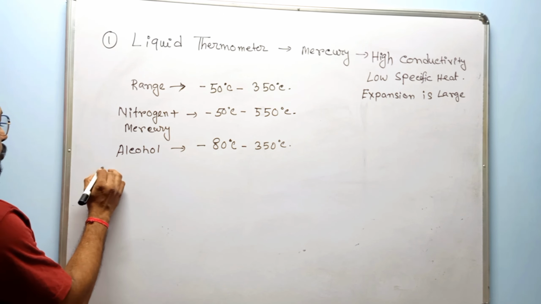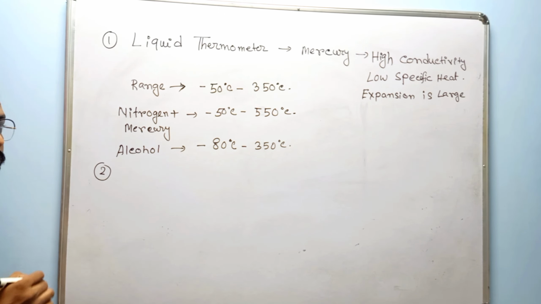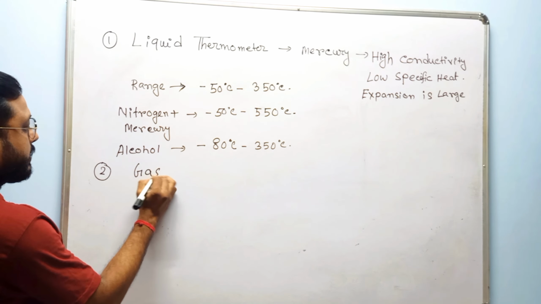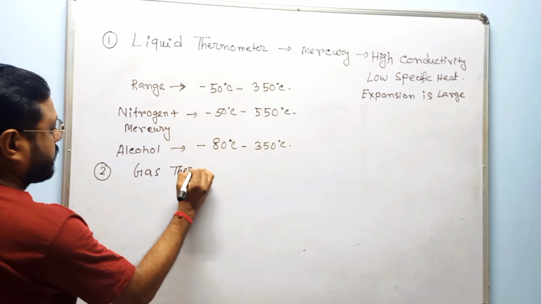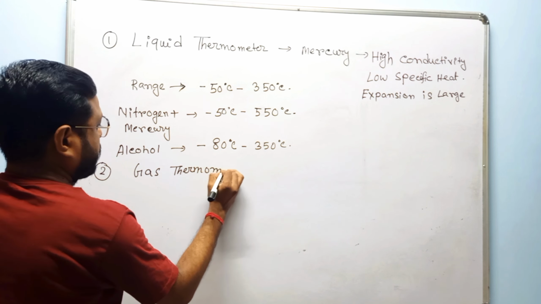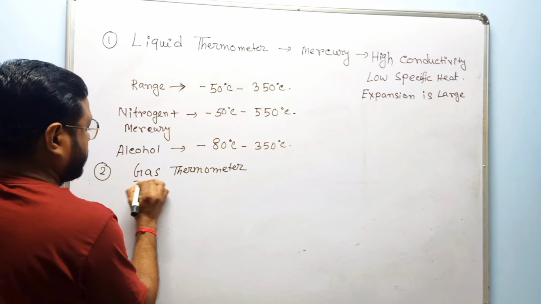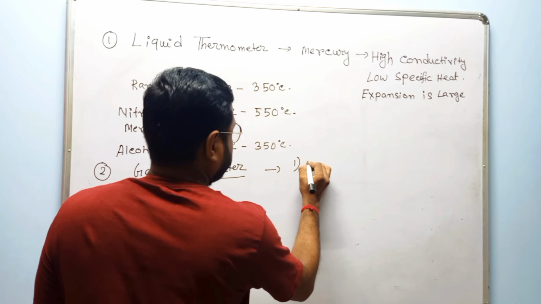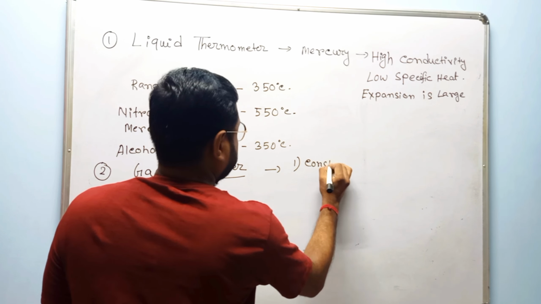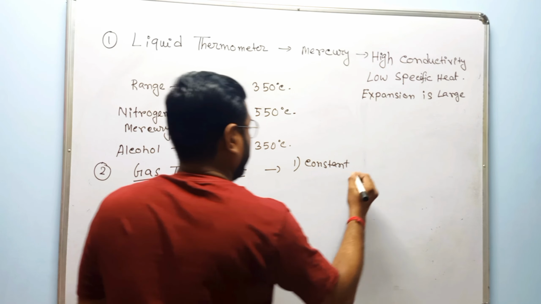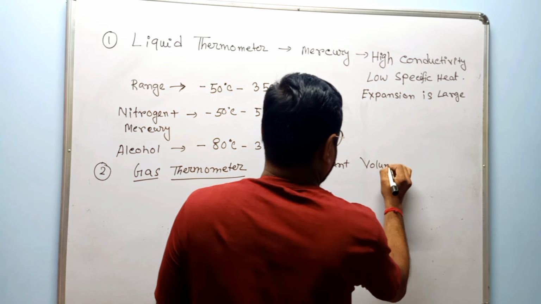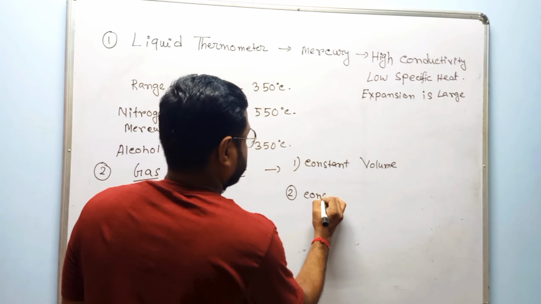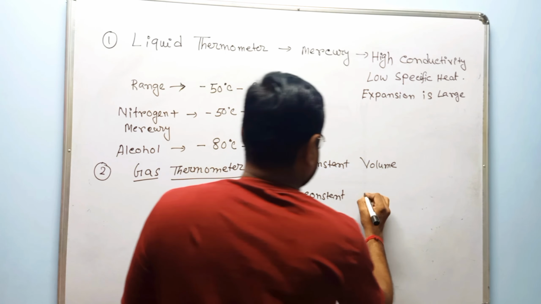Number 2 is the gas thermometer. Gas thermometers are of two types. Number 1 is constant volume. Number 2 is constant pressure.